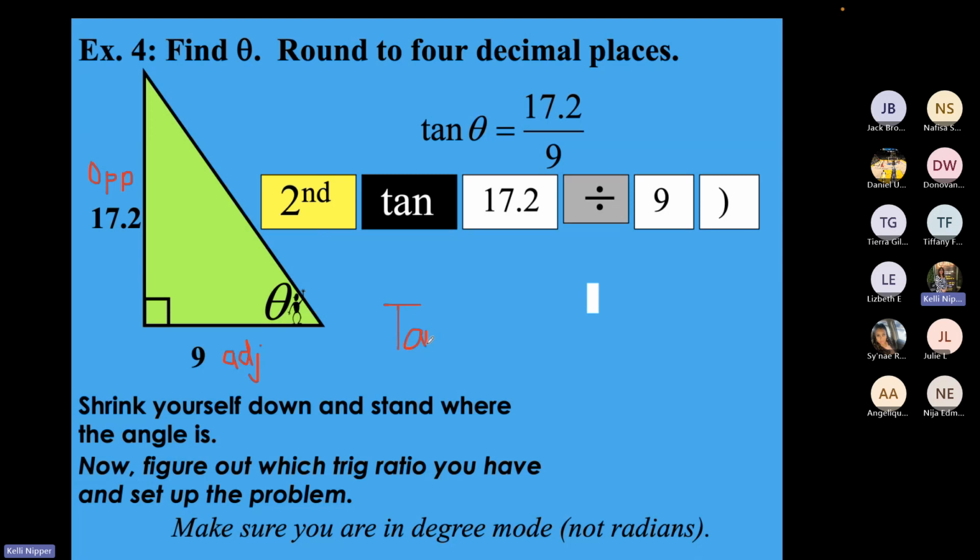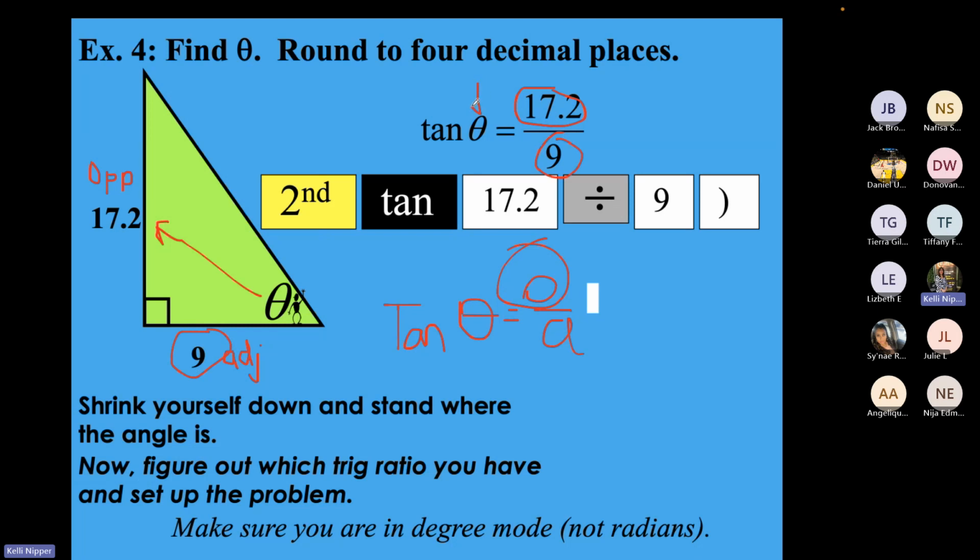Tangent of theta is defined as opposite over adjacent. I'm just going to put the O over the A this time. So opposite would be 17.2 on the top, because opposite goes on the top for our trig ratio, and then the adjacent, which is 9, goes into the bottom.